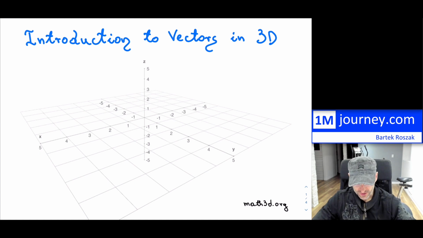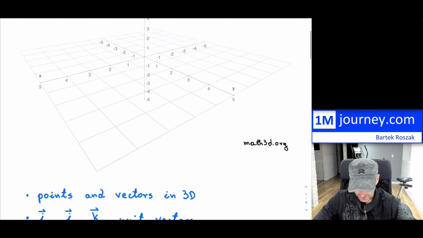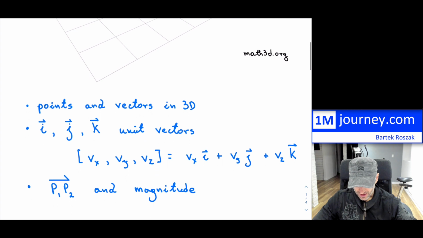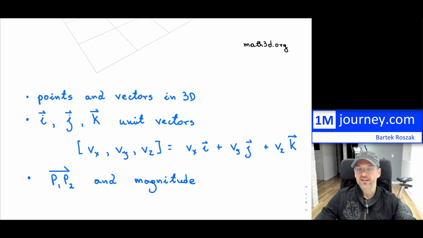So what am I going to cover? Well, I'm going to try to talk about a few things in here. I want to extend the point from 2 dimensions to 3 dimensions, and I want to extend the vectors from 2 dimensions to 3 dimensions. So that's the first item that I want to discuss.